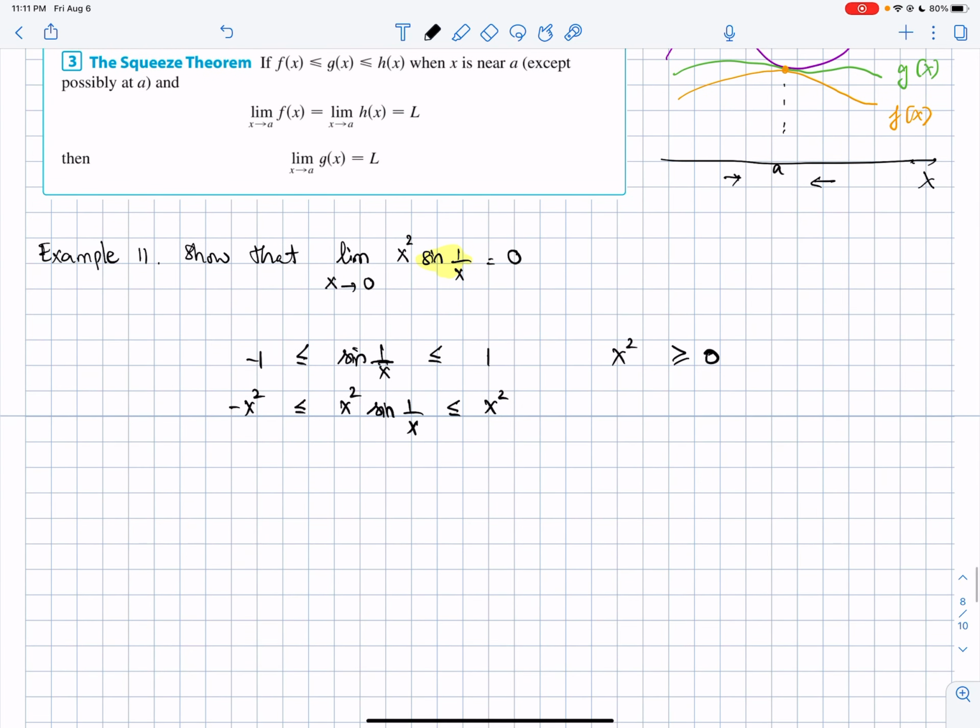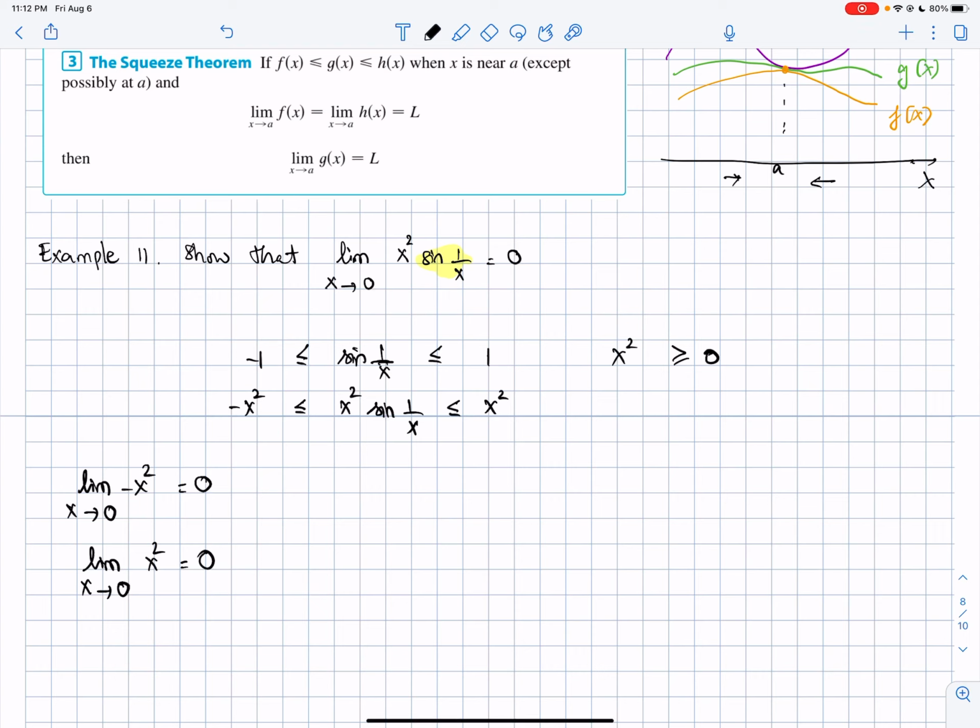Then I calculate the limit of negative x squared when x approaches 0. You can calculate the left side and the right side and so on. However, we will get 0 for the answer. And also, we calculate the limit of x squared. We plug in the 0 and it's defined, so it's also 0.